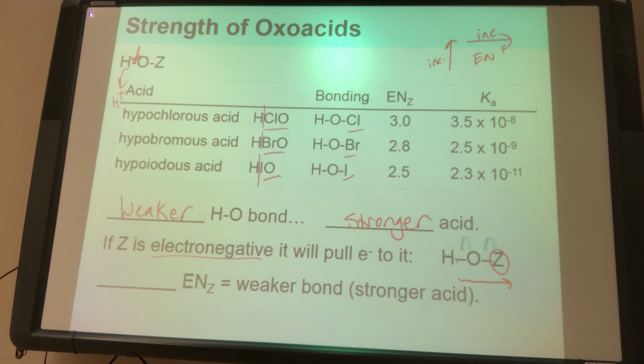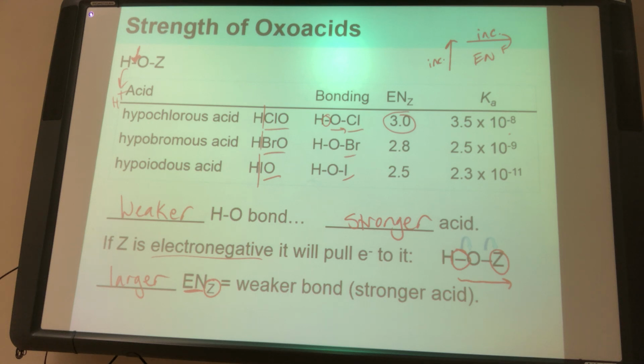Okay? So if it pulls the electrons towards it, it makes this bond weaker. So the larger the electronegativity of Z, of whatever this element is, the weaker the bond. So here, chlorine has a high electronegativity. So it's going to pull everything over. It's going to make this bond really weak. So it's going to be a stronger acid.